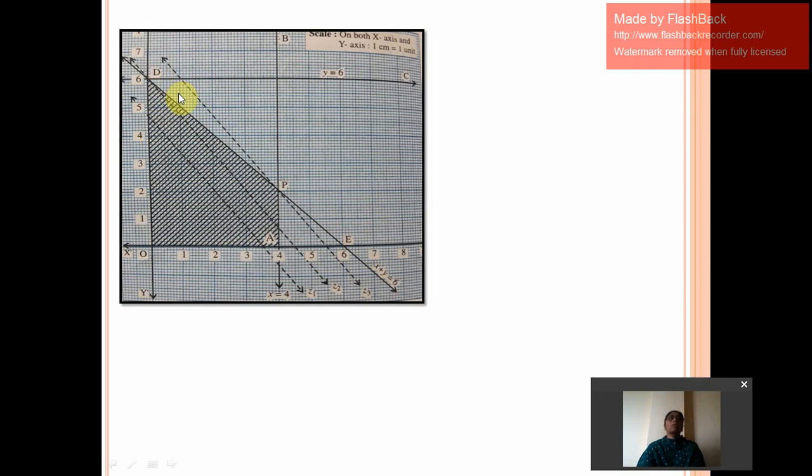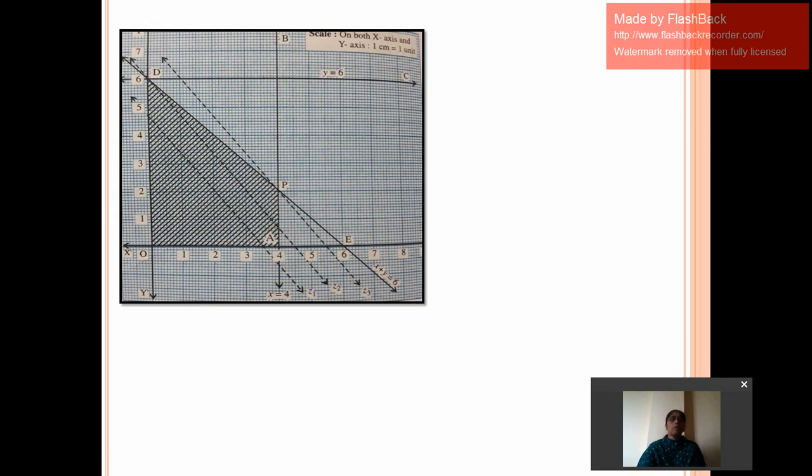Now look at the first constraint, x less than or equal to 4. Below the line, x less than or equal to 4 has its solution towards the origin. Second constraint, y less than or equal to 6, also has its solution towards the origin, below the line.